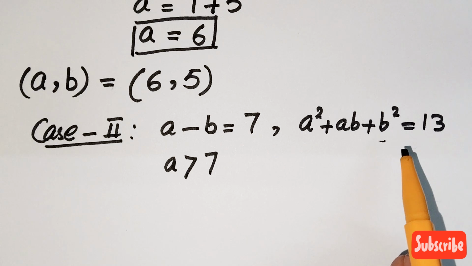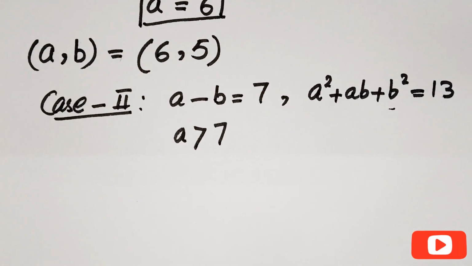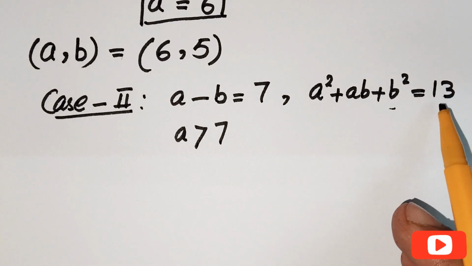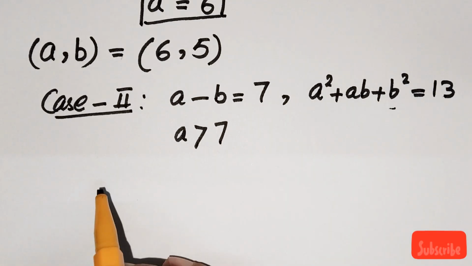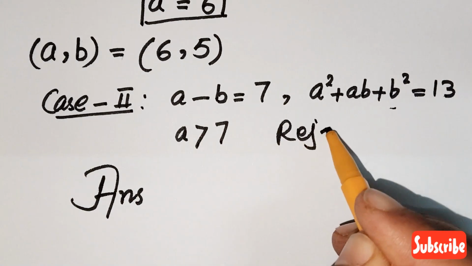So we reject this case because a is greater than 7, and the two sides will not be equal to each other.